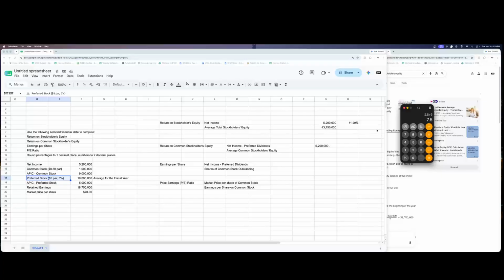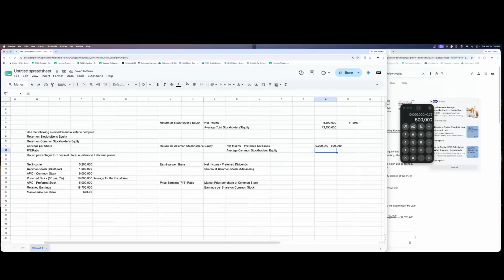But it's paying out based off of the par. So based off of par, if it's $10 million worth of preferred stock, and there's a dividend payment of 5%, 500,000 is actually the dividend of the preferred stock.